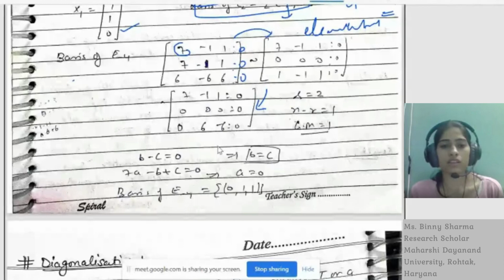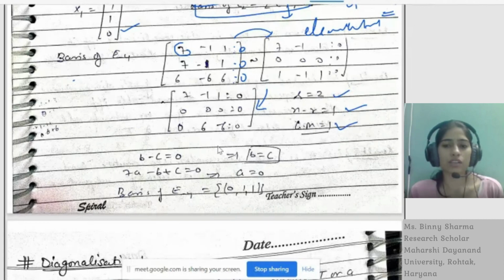Here we get rank is 2 and nullity is 1, and if the nullity of this homogeneous system is 1, it means the geometric multiplicity is 1.